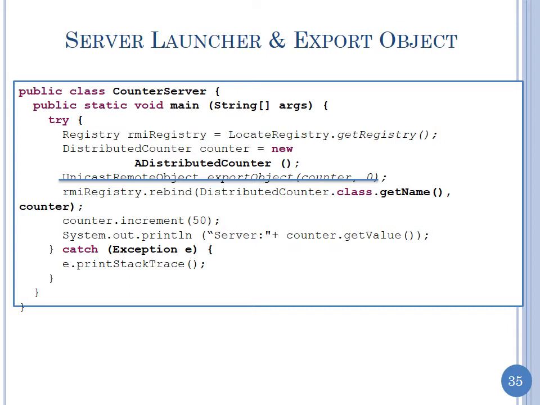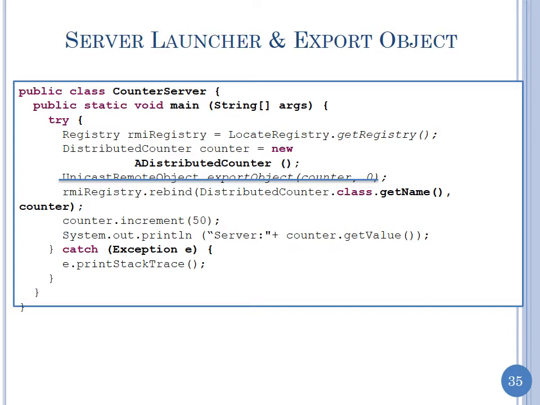So in that previous example, I forgot to put throws RemoteException in my remote interface. What if I forget to export the object? What if I say rebind and not export object?